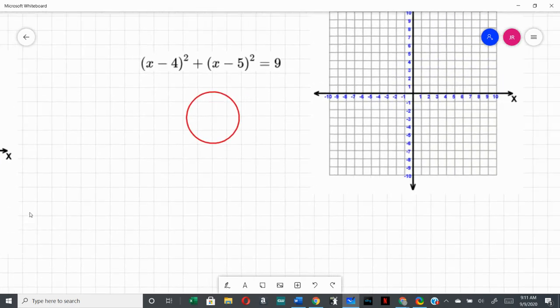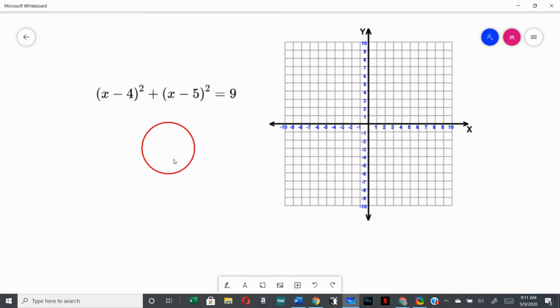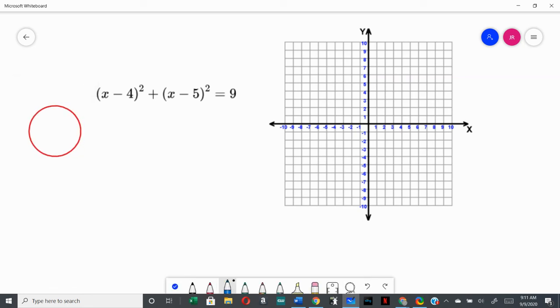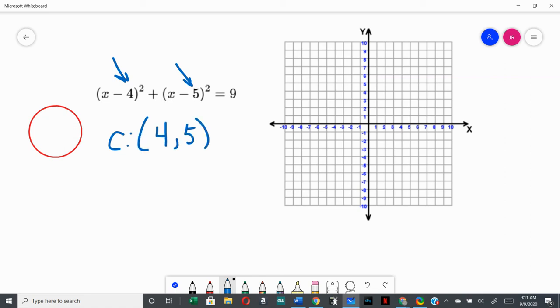And finally, one more, just to make sure I give you one similar to each one you have in the lesson. Again, I need (h, k), and my center is (4, 5). My radius is the square root of that, which is 3.